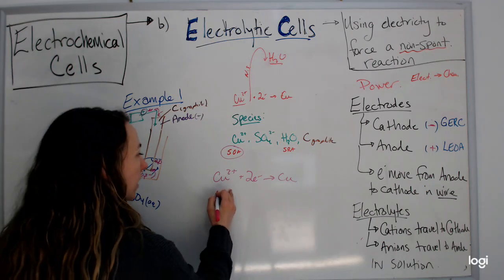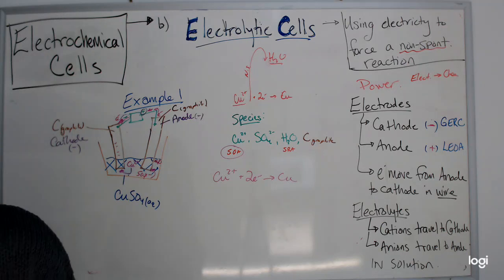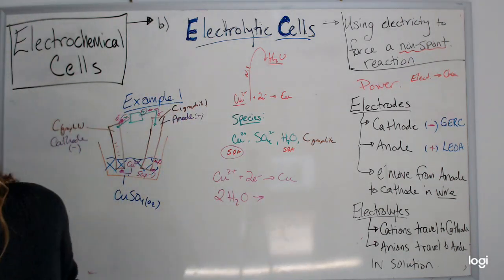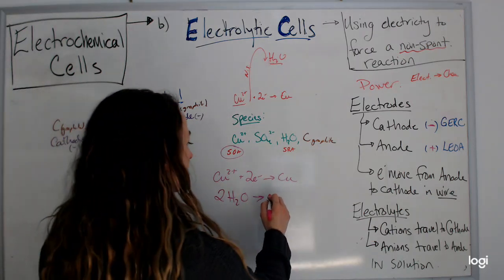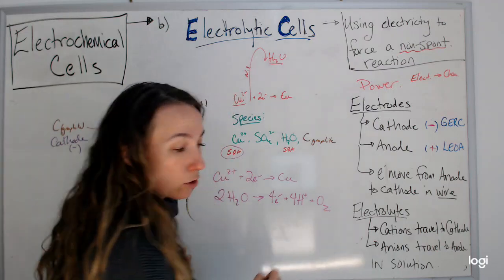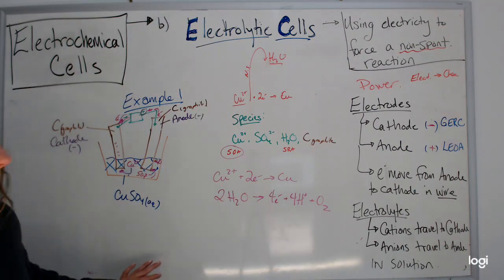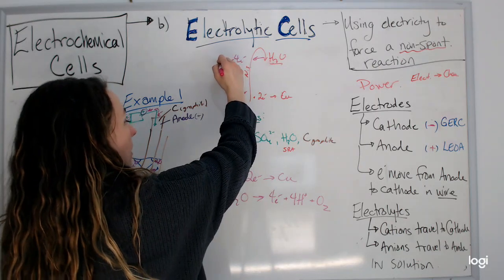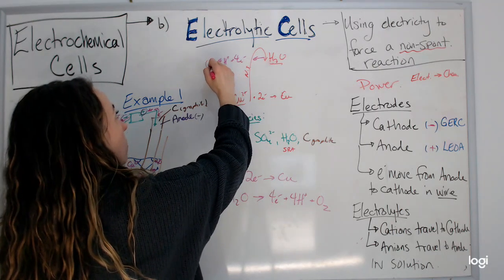So my water reaction, which looks like this, 2 waters are going to form 4 electrons and 4 H+ and an O2 gas. Is that right? Yeah. And so that's that reaction there, 4 electrons and 4 H+ and an O2 gas.